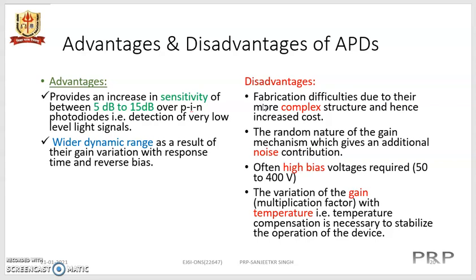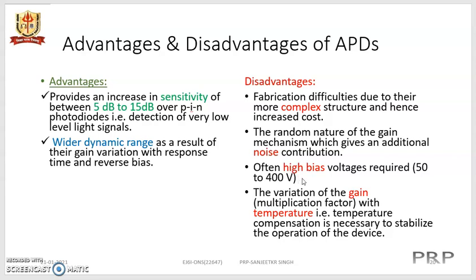Disadvantages include the difficulty in making the APD. This is due to the complex structure we saw, and hence it is more costly. Secondly, the random nature of the gain mechanism gives additional noise contributions, and since there is impact collision of the electrons and holes with one another, finally resulting in avalanche, it is noisy.